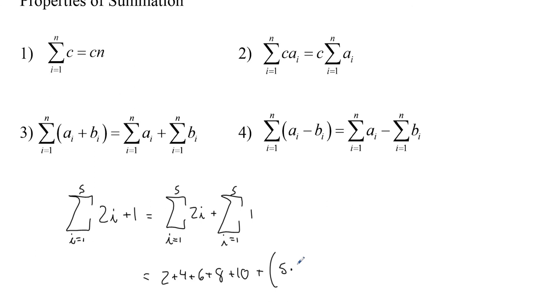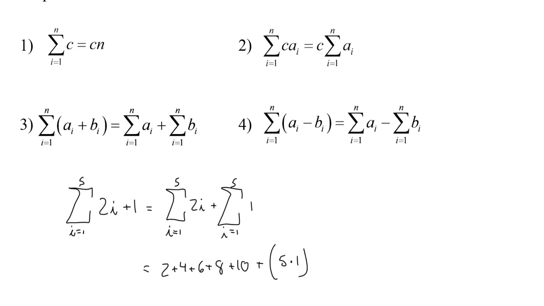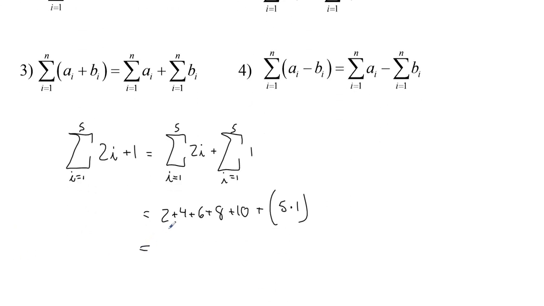So 5 times 1, and so let's see here, this is going to be one term more than the last one. 2 and 4 is 6, 6 and 6 is 12, 12 and 8 is 20, 20 and 10 is 30, 30 and 5, this would be 35. And I think that's right. The process is definitely right.